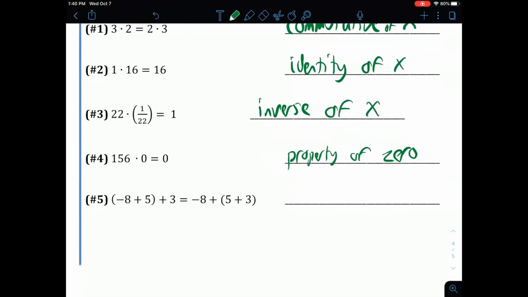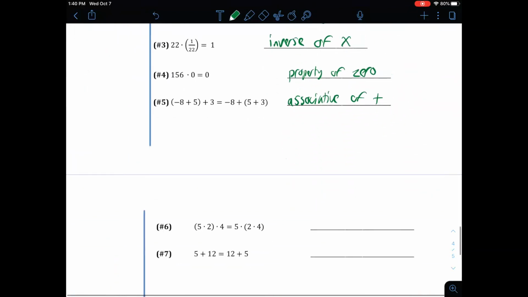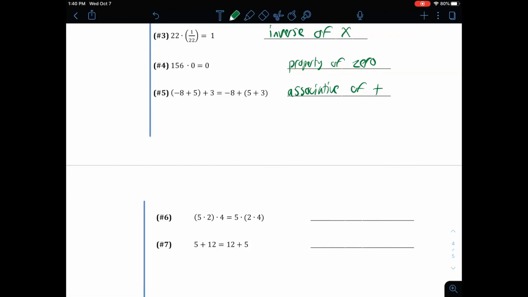Now this one we're doing addition. We changed the way we group these ones down here. So we got negative 8 plus 5 plus 3 equals negative 8 plus the quantity of 5 plus 3. We changed the way we grouped them. So this is the associative property of addition. And we got 2 more. This one's very similar, but we have multiplication here.